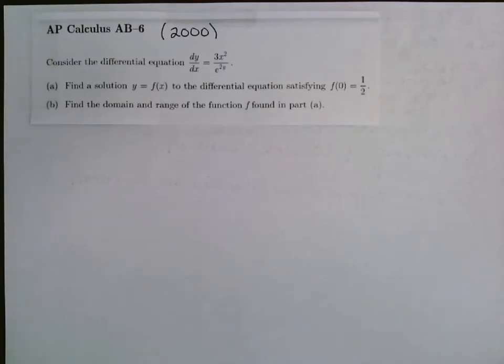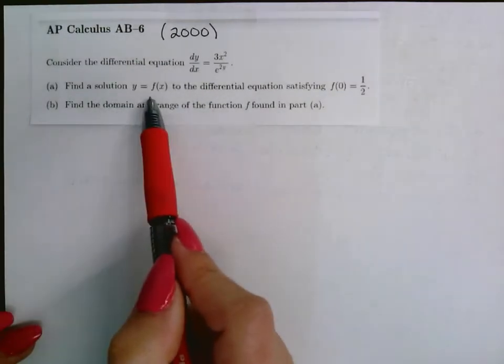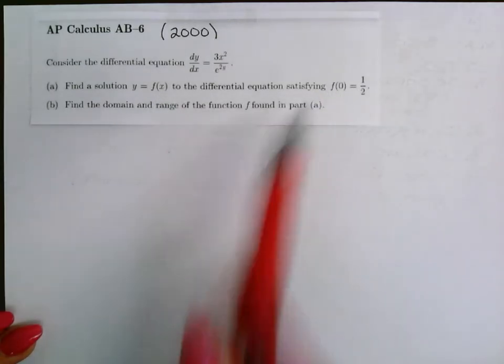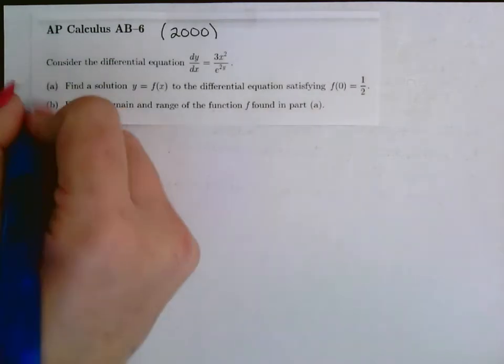All right, so let's look at this question. Consider the differential equation dy dx. Part A says find the solution for y with this initial condition. Okay, so A is our differential equation. It's our separation of variables.